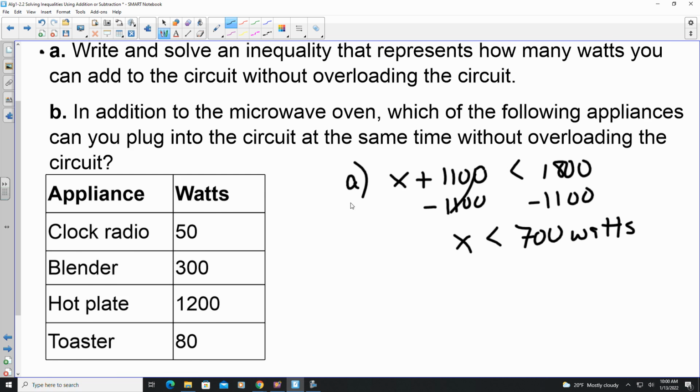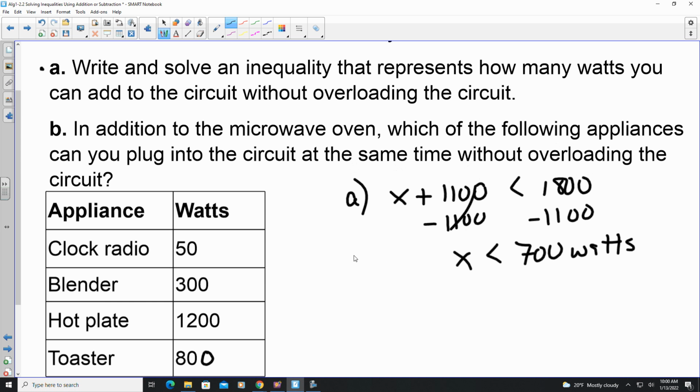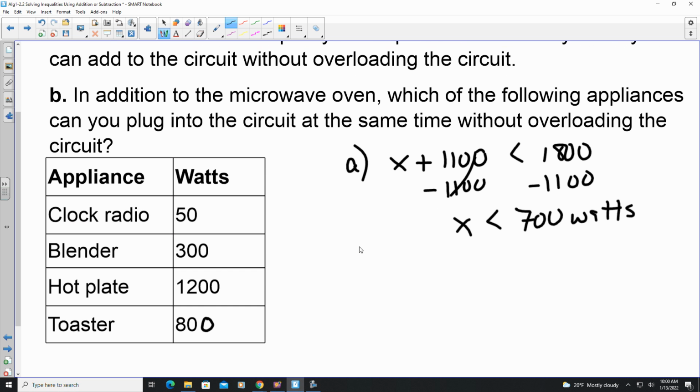And here, if you look in the book, actually, the toaster should be 800 and not 80. So make sure that you make that change in your notes. For part B, it says, in addition to the microwave oven, which of the following appliances can you plug into the circuit at the same time without overloading the circuit? So you have the 1800 watts.